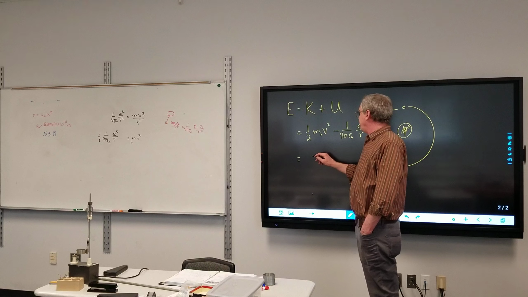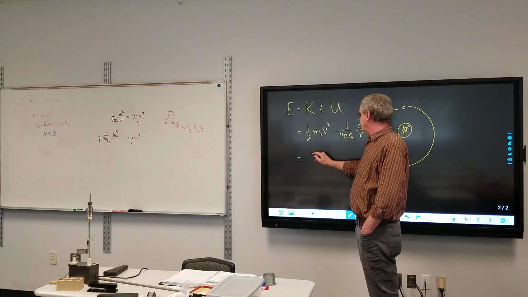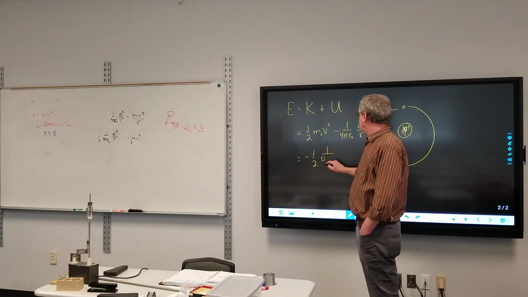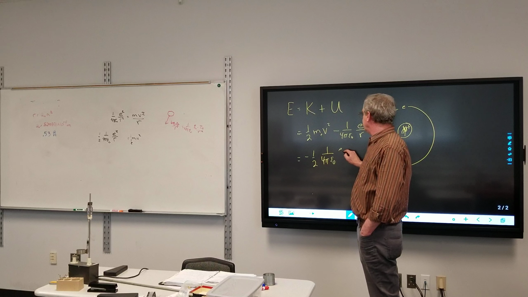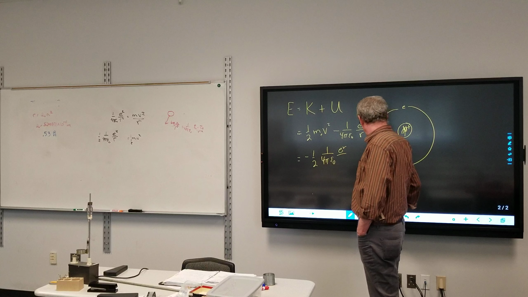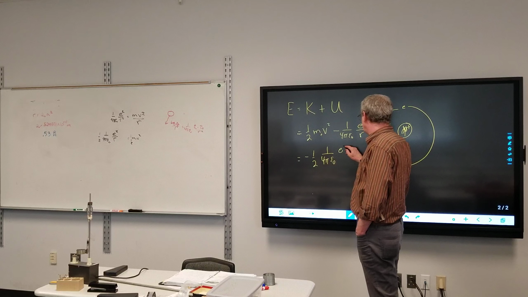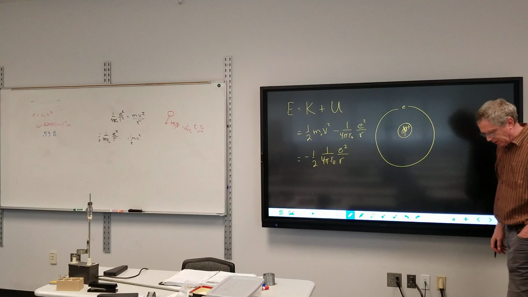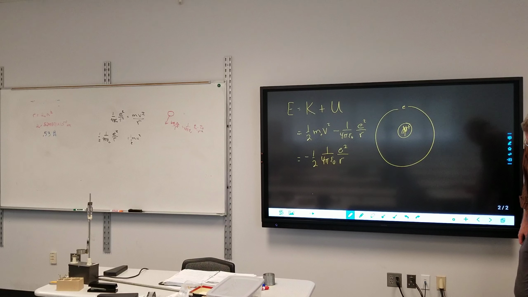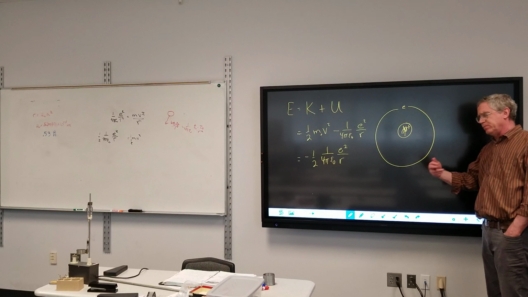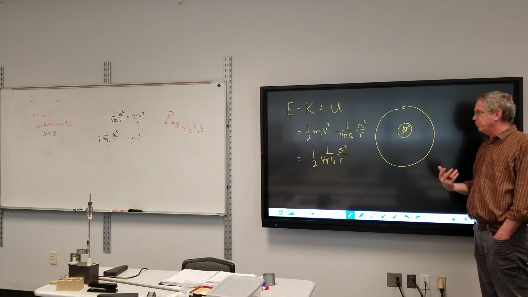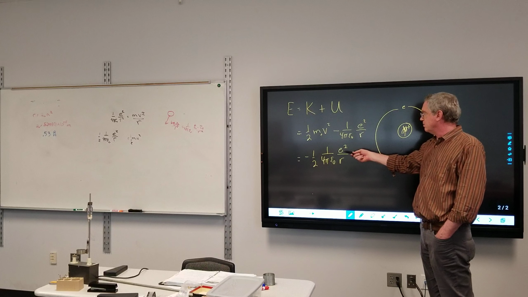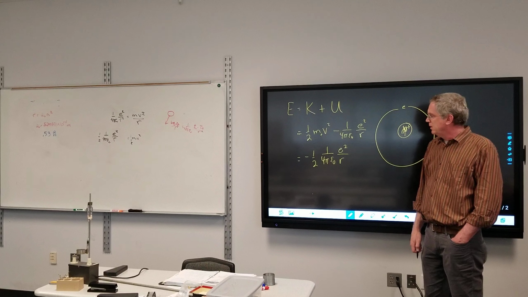So we end up with half of this minus this, so negative 1/2 times 1 over 4 pi epsilon sub naught E squared over R. And for something in orbit around some central body from gravitational force, it'd be the same thing, except it'd be big G up front and the product of the masses.